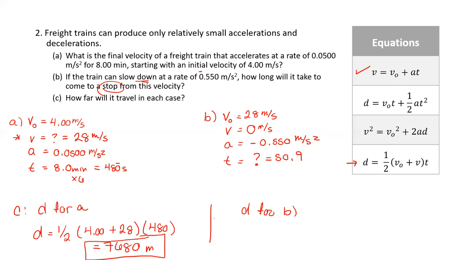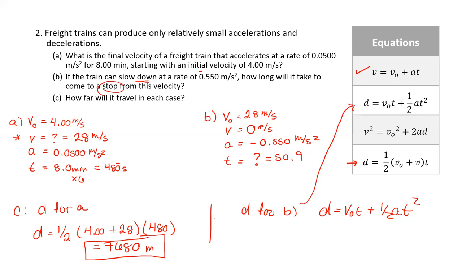It's funny how one time you do it, you pick one equation, another time you choose another. But the equation I chose to use was this equation. So I said, well, D is equal to V naught T plus 1/2 AT squared. And I could have used that back in the original.